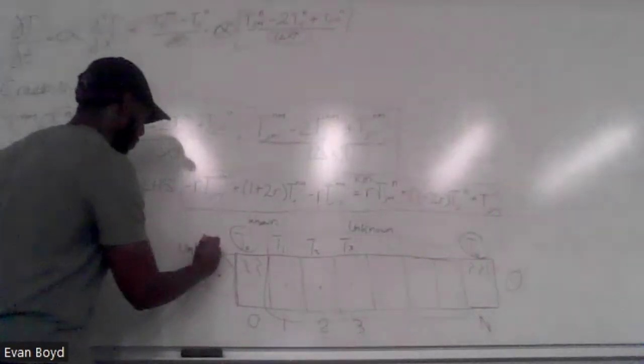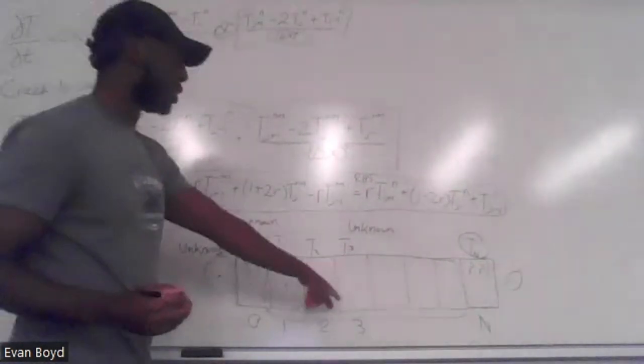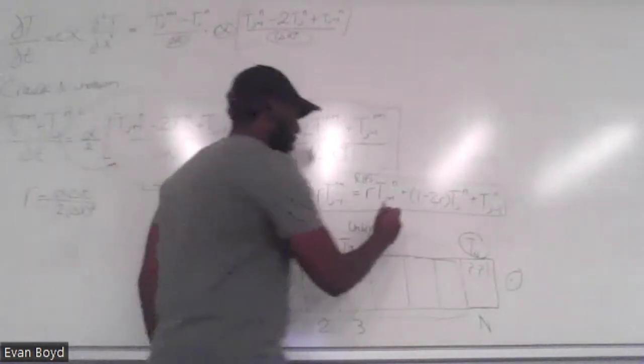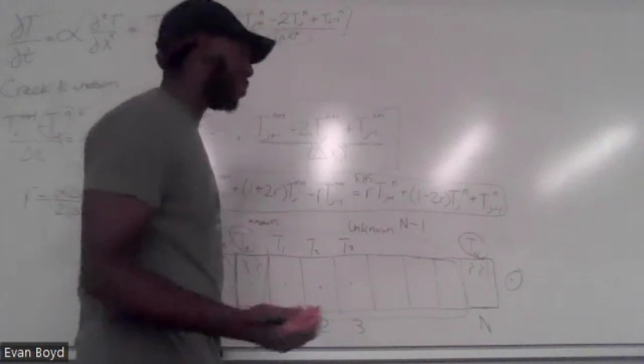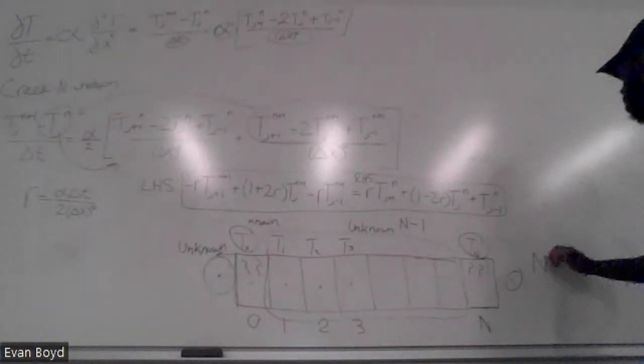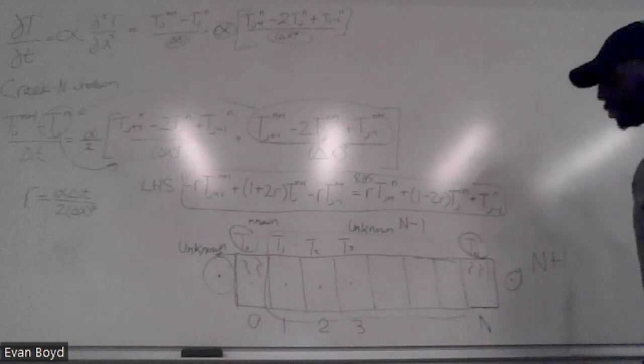The blocks inside will be represented as n minus 1, for the number of blocks of the bar minus 1. And then the outside will be the number of blocks plus 1. So now we have n plus 1 and n minus 1.